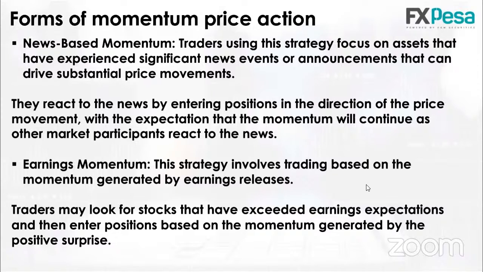So traders may look for stocks that have exceeded earnings expectations and then enter positions based on the momentum generated by the positive surprise. So with that, I think we can cross over to the charts and look at some examples of these different momentums that we're talking about.